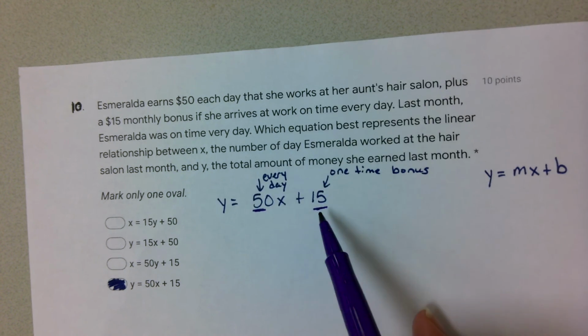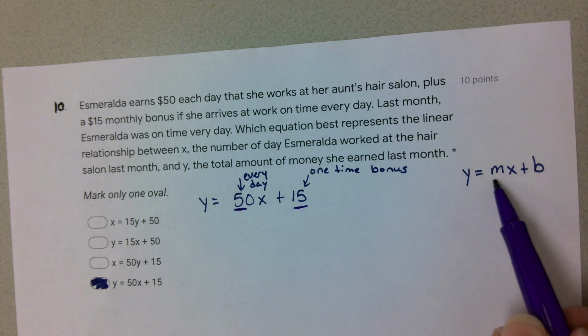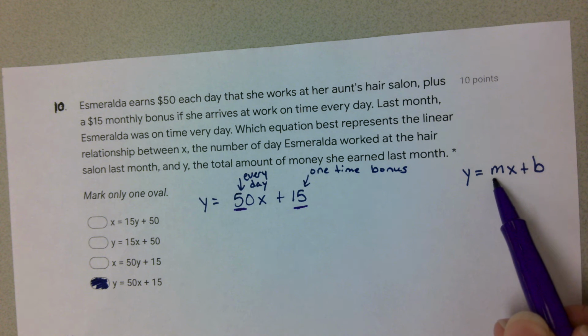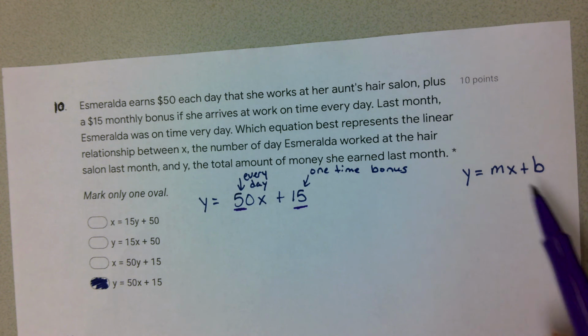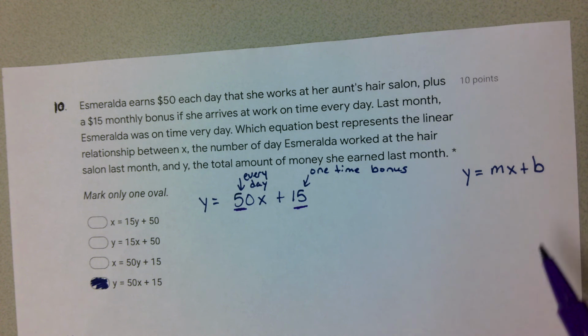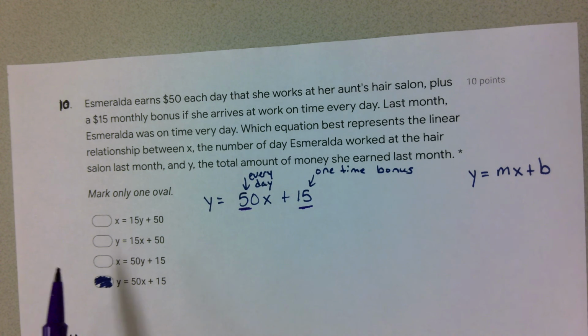So I built this, and I used my y equals mx plus b. So this is my unit rate or my slope or any other name. This has got lots of different names. My per month, right? That's going to go there for my slope. This is my y-intercept of that one-time thing that's happening. No matter what, I'm going to get that 15 for showing up every time, every day on time.